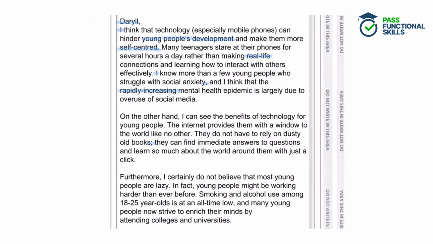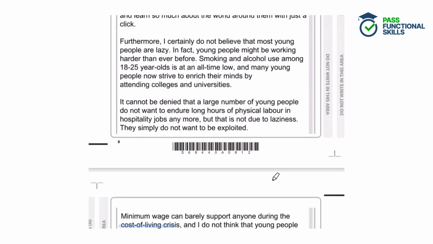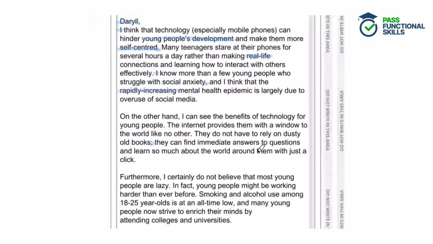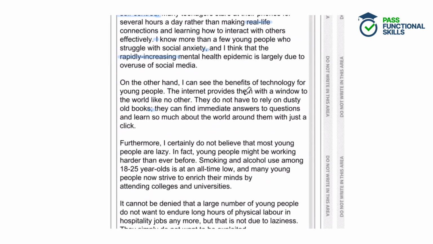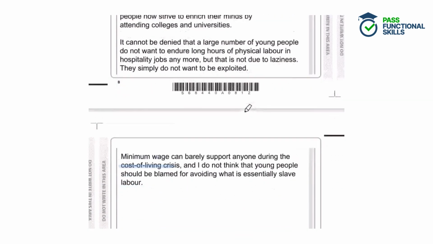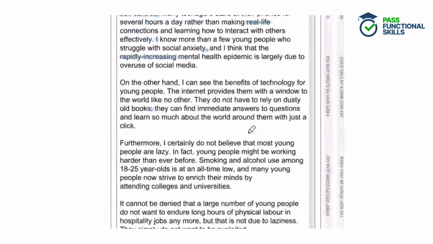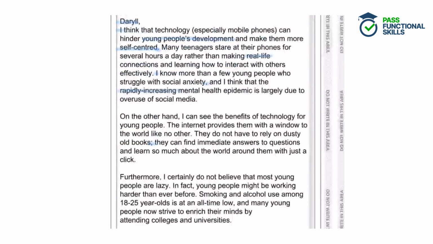Next, let's think about the grammar. So your sentences will need to be accurate and make sense on their own. And we know that all of these sentences are accurate and make sense because we have read through the answer and everything was crystal clear. There were no mistakes in the sentences. The spelling is also accurate throughout. You need to try to spell words correctly, and if you can, try to use some longer words, some more sophisticated words that might be trickier to spell.